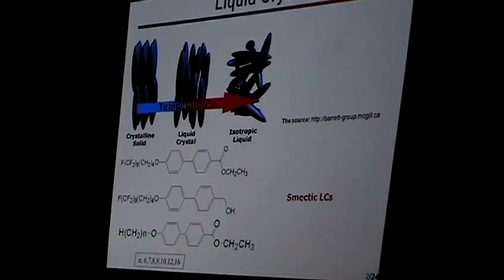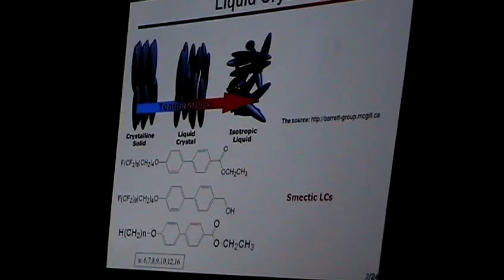So basically, as you know, the liquid crystal is the intermediate phase between the solid and liquid phase, and it has some mesotropic liquid crystal properties. As the temperature increases, you go from crystalline solid to isotropic liquid phase. I used this kind of simple rod-type smectic liquid crystal.